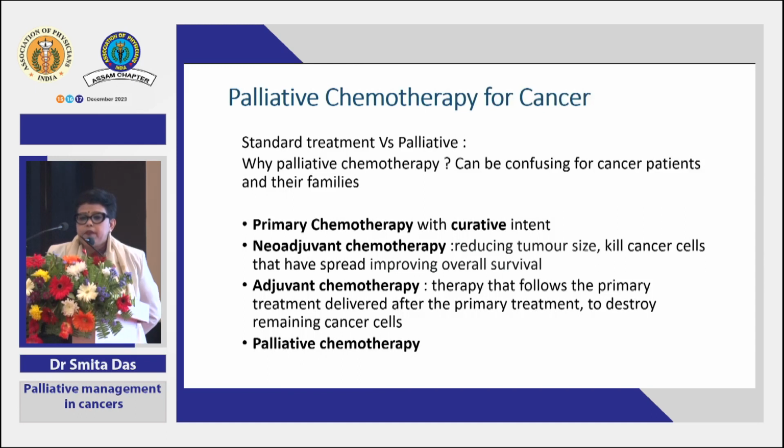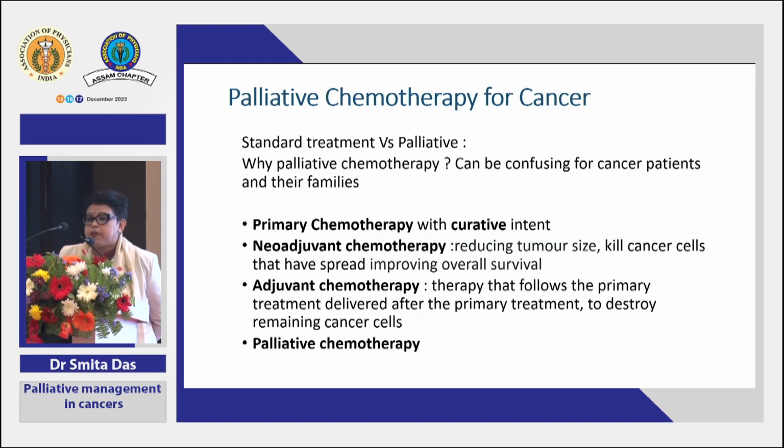When we say that the patient will be receiving chemotherapy, the patient and attendant may be worried about why we are giving the palliative. What we know from the previous lecture is that chemotherapy can be primary chemotherapy with the intent to cure, then neoadjuvant chemotherapy, adjuvant chemotherapy, and finally palliative chemotherapy.